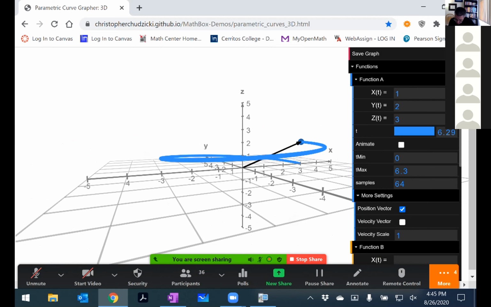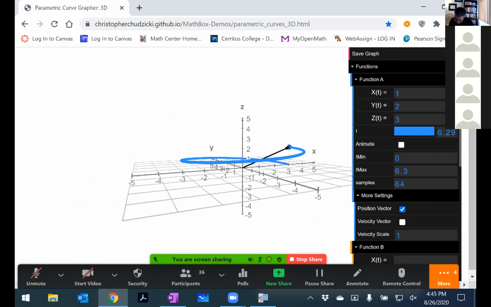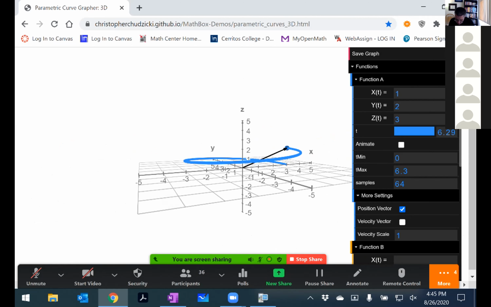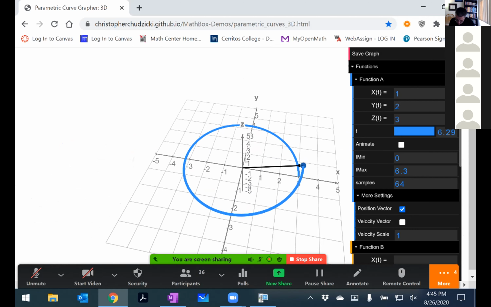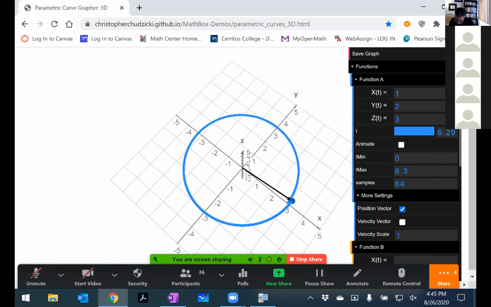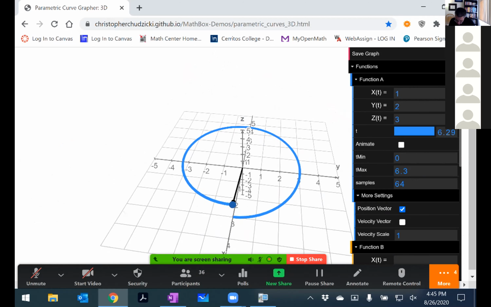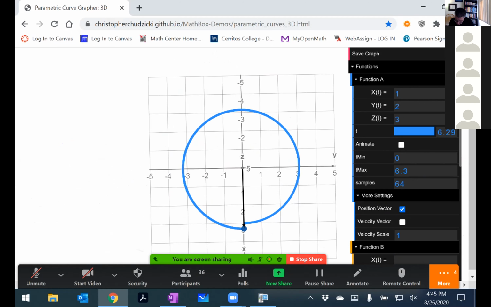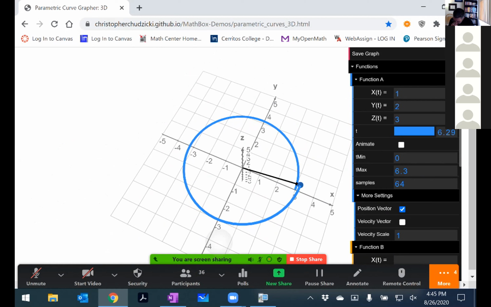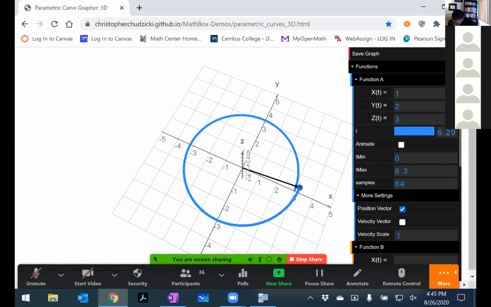Can I rotate this? No. I thought I could at one point. Oh, there we go. Let's rotate this. And then what do I want t to be? Nothing.